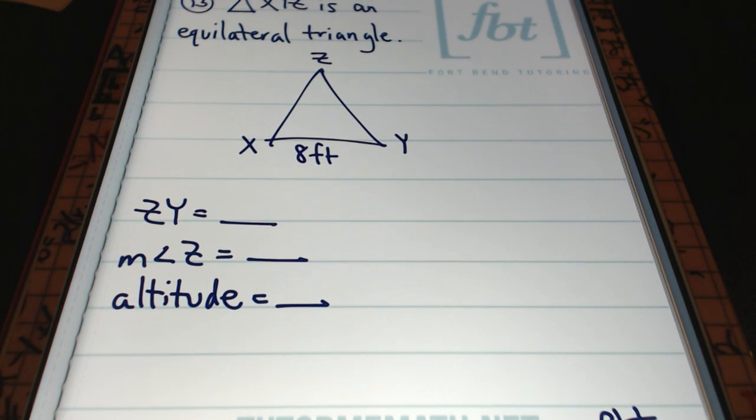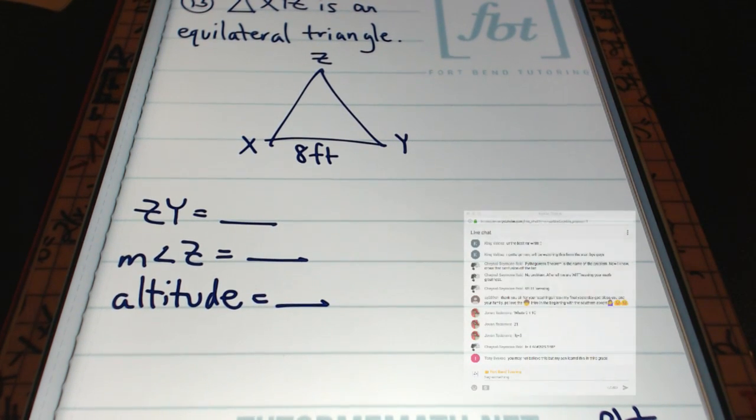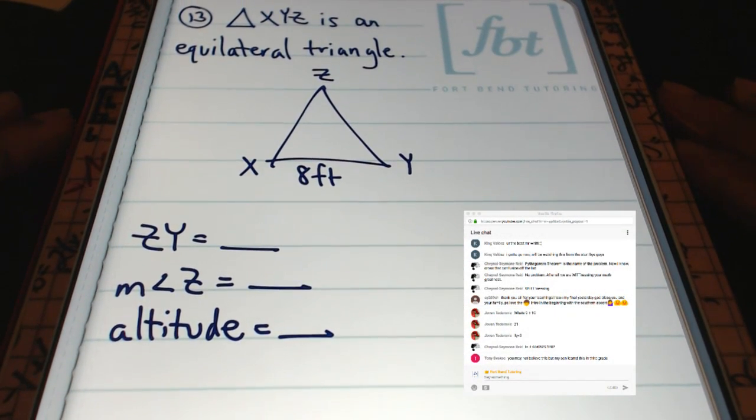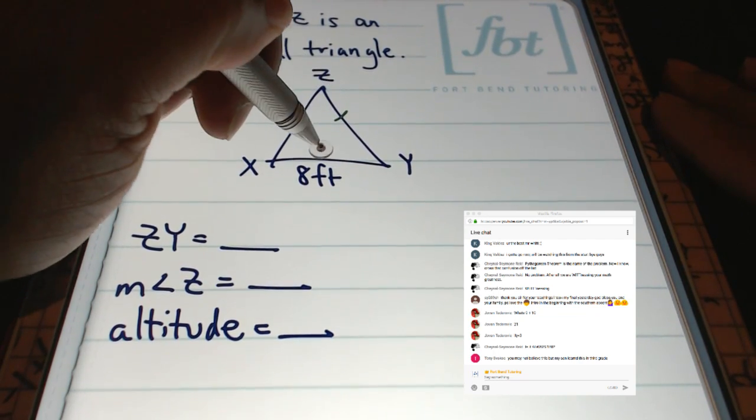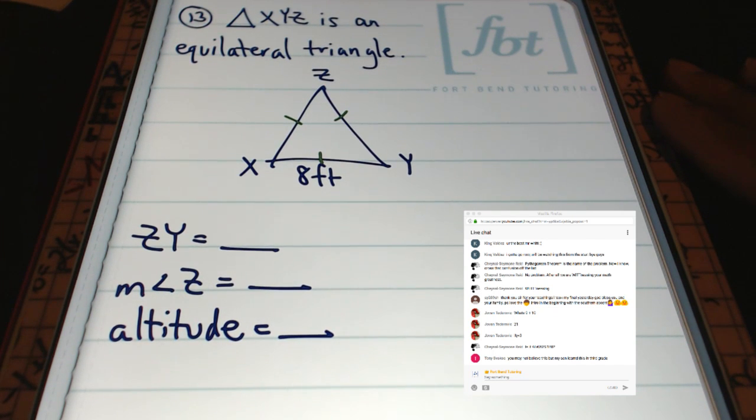We have problem number 13. Problem number 13, guys. Let's take a look at it. With problem number 13, it says that triangle XYZ is an equilateral triangle. That means that all the side lengths are the same. Let's go ahead and mark this out on the given diagram. We're going to show, using these little hash marks here, that all 3 sides of our equilateral triangle have the exact same length.